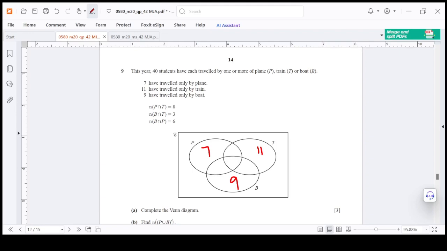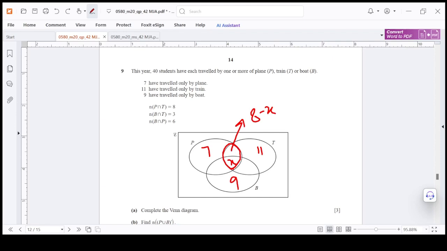Okay. 8 people lie in the region P intersection T. So we have 8 people here in all of this. So let's say X people are here. So then this would be 8 minus X. Just this part. Okay.